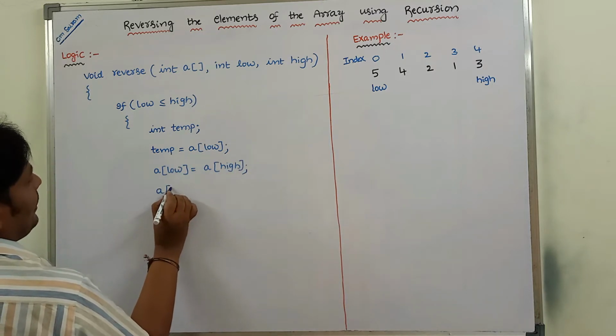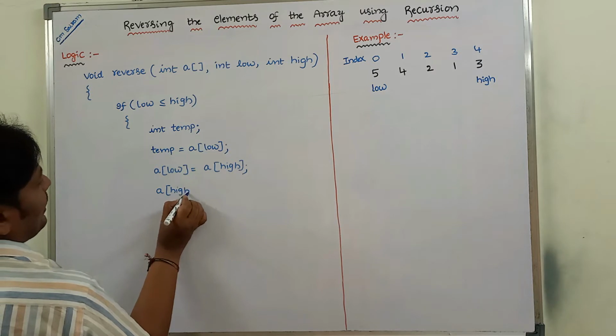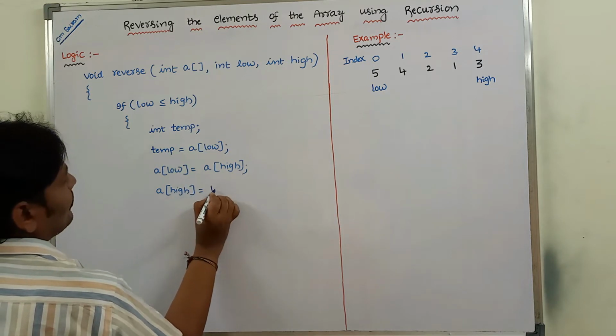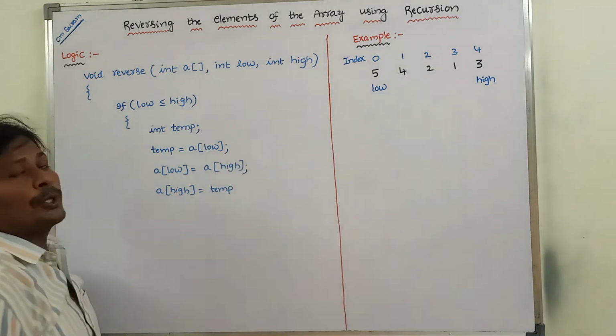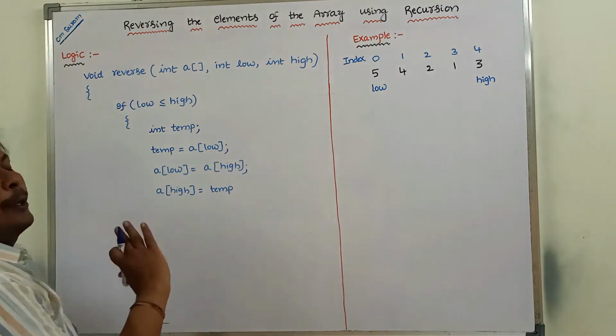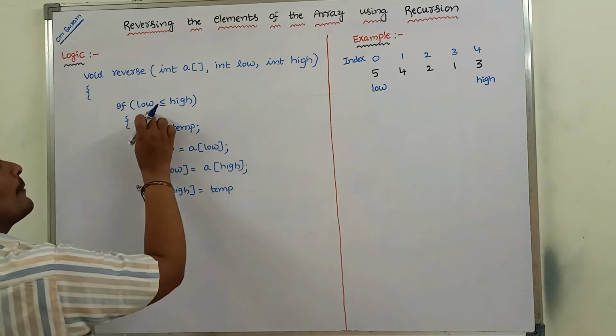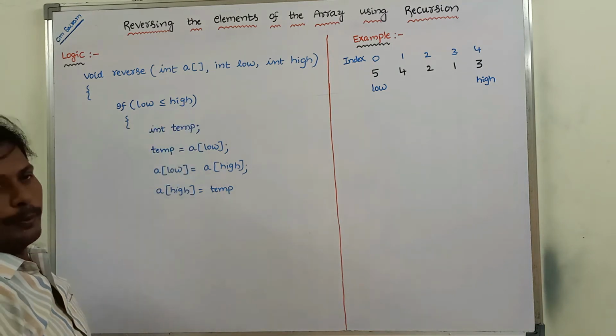Next one, A of high is equal to temp. So this logic is mainly used for swapping the low value and high value if this condition is true.